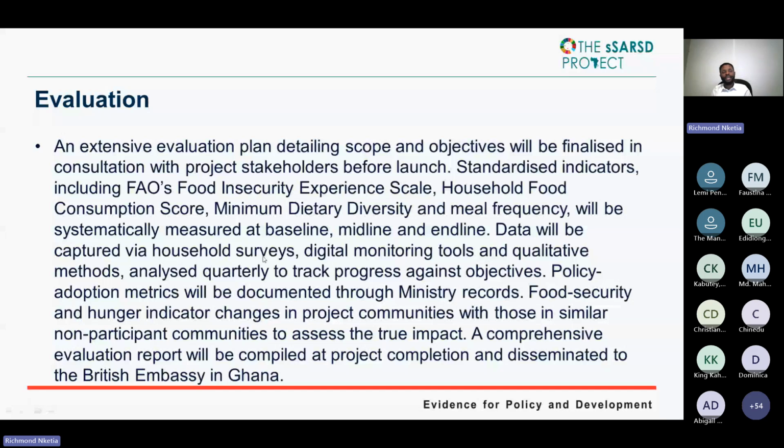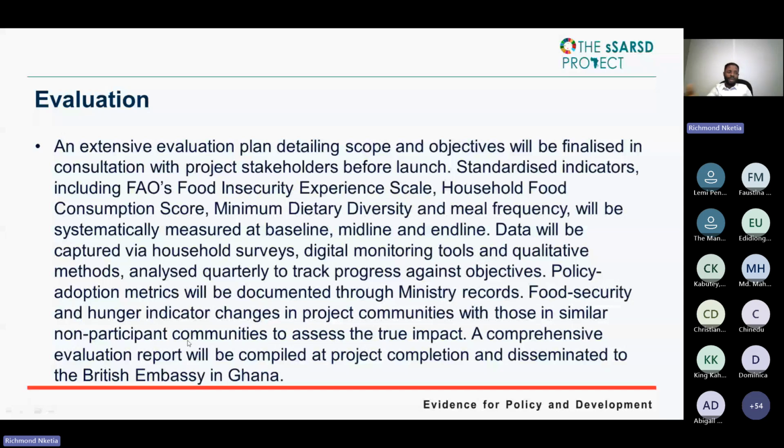And you can say, after my project, these are the words from the people who benefited from it. Those are the things that the Commonwealth Scholarship Commission might be interested in seeing, that you're making real world impact in the lives of people. So, food insecurity or food security and hunger indicators, changes in projects.